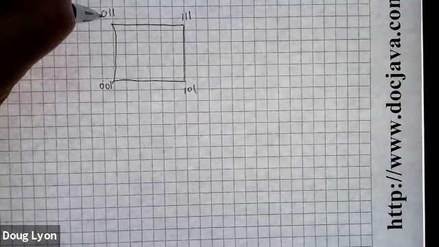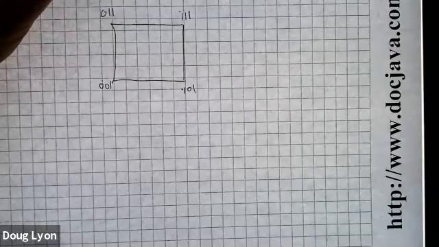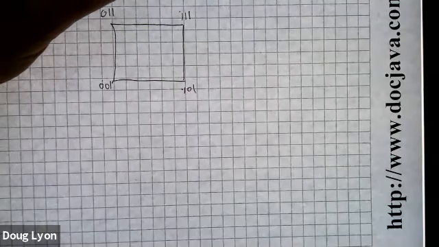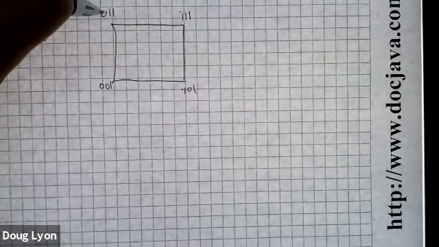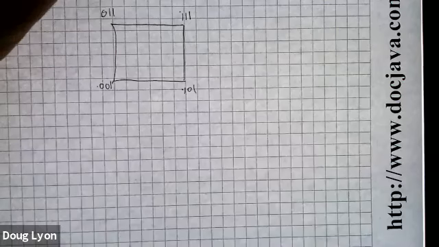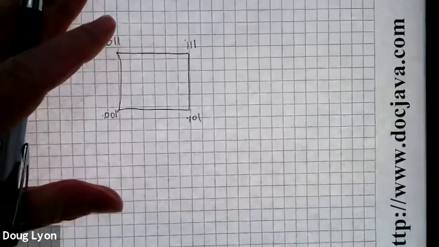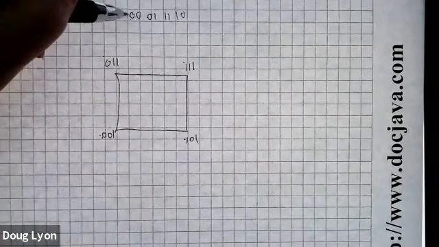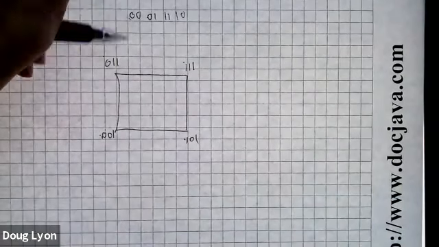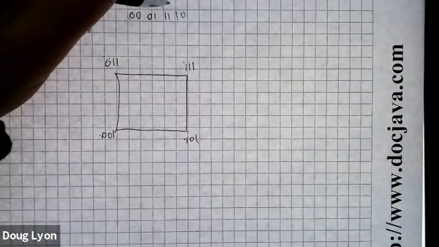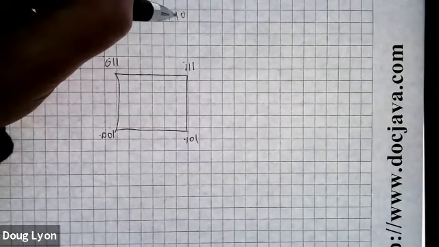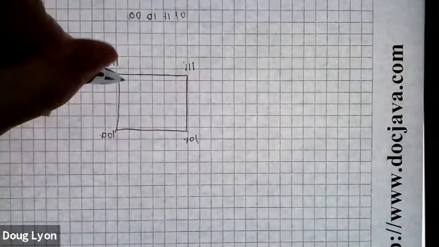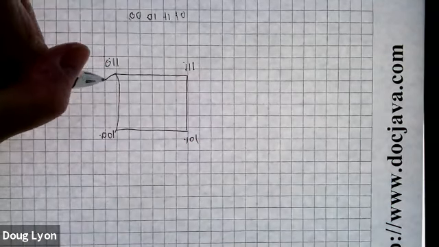And remember, we're labeling things like this: 0, 0, 0, 1, 1, 1, 1, 0. So here's the 0, 0, the 0, 1 is here, 1, 1 is here, 1, 0 is here. Now let's extend it to 3 dimensions.